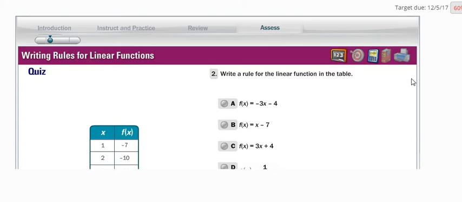Alright, this next type of problem is a table problem, and to do this you have to subtract the first y from the second y to find the slope. So -7 minus -10 is +3. Then you have to take the first x minus the second x. 1 minus 2 is -1, and +3 divided by -1 is -3.